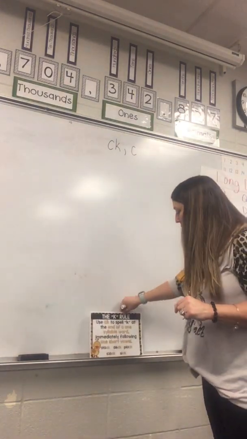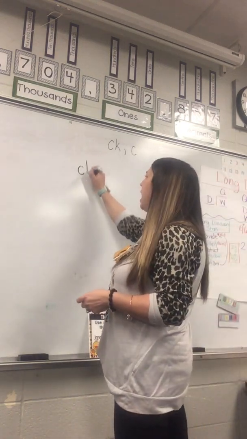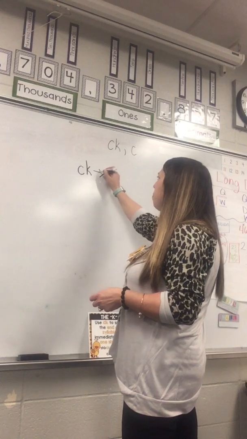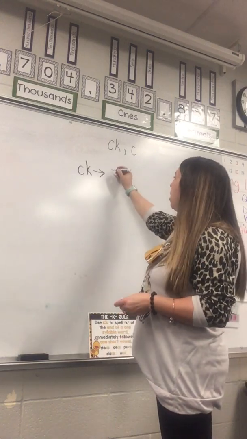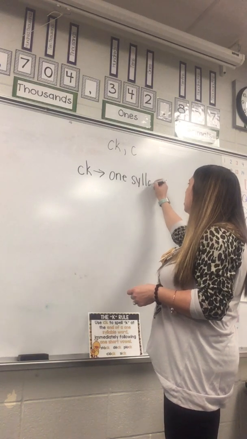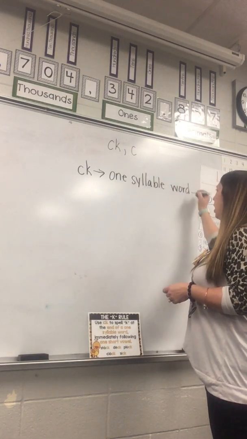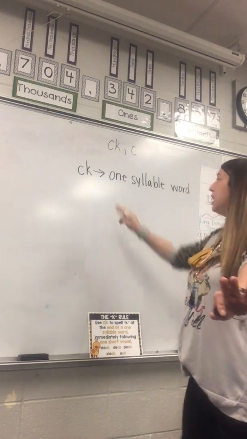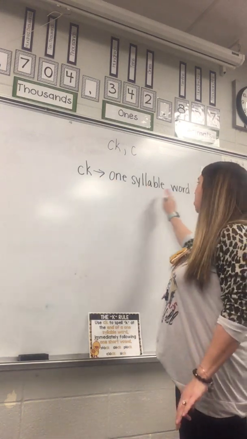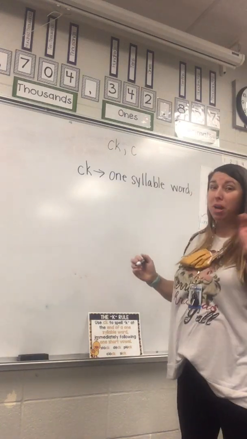The first part of this rule is we will use CK when it's a one syllable word, comma, because there are two parts to this.